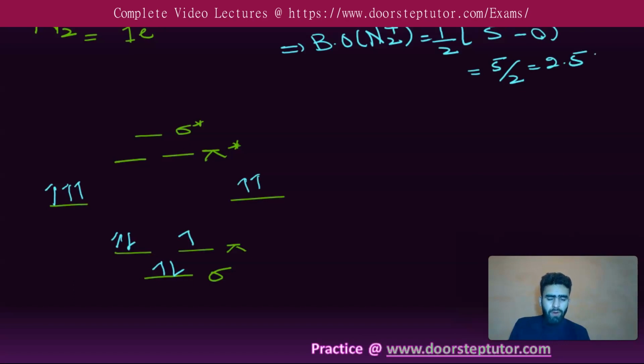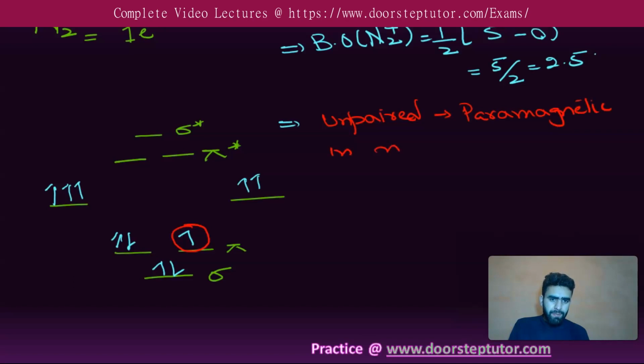The bond order for N2 positive is 2.5. Here we have one unpaired electron, and as we know, with an unpaired electron this substance will be paramagnetic in nature.